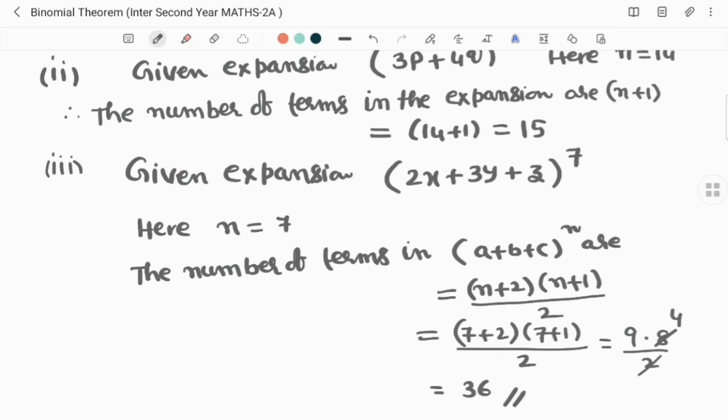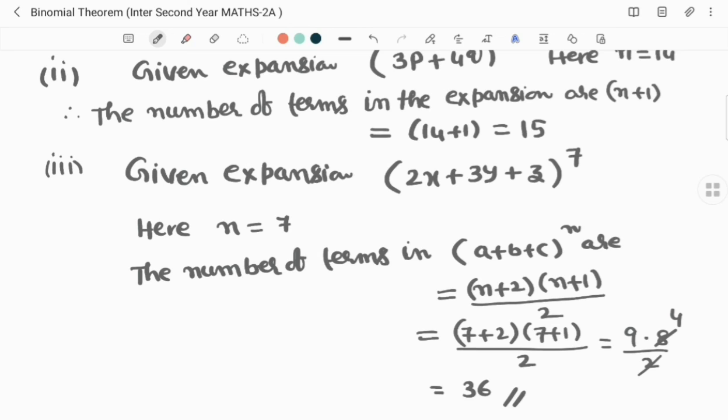I hope everyone understands, dear students. In the next video, we are going to discuss the middle terms in the expansion when n is an even number and when n is an odd number, and the numerically greatest term in the expansion, and binomial coefficients. Binomial coefficients and some results will be a separate video.